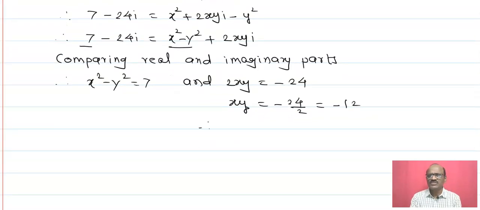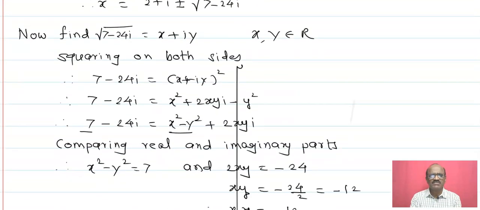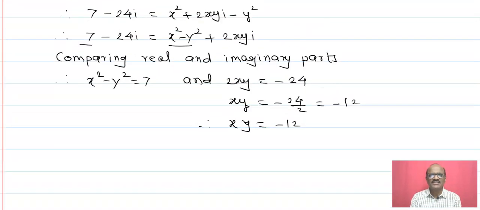Therefore xy is equal to minus 24 upon 2, that is equal to minus 12. Now see this. Now we will have y is equal to minus 12 upon x.